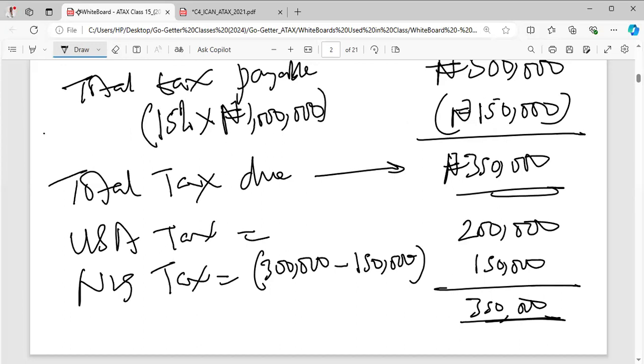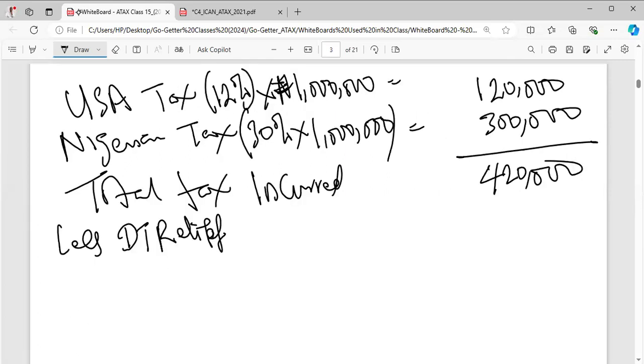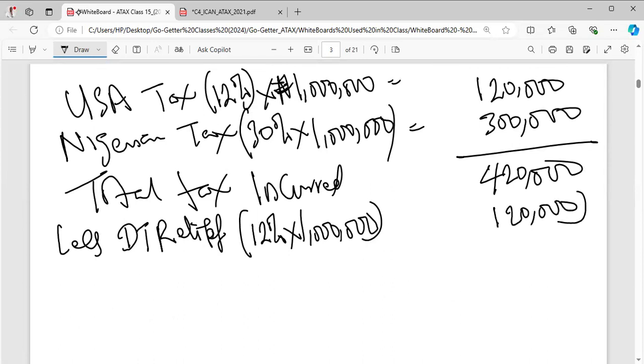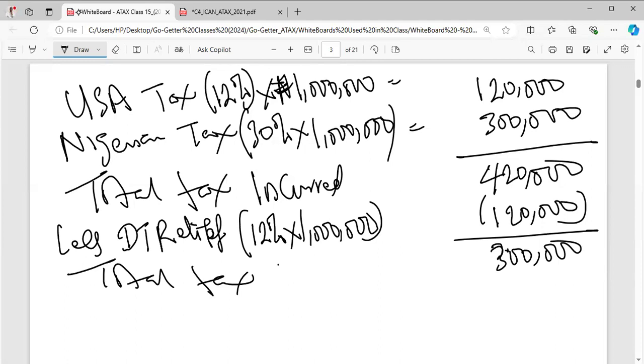We said it is between 15, half of 30, which is 15, and 12, which is 12% of 1 million. So 12%, which is going to be 120,000. So it's going to pay 300,000. So total tax payable is 300,000.